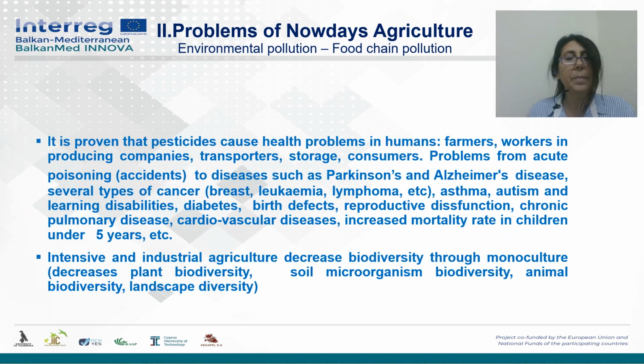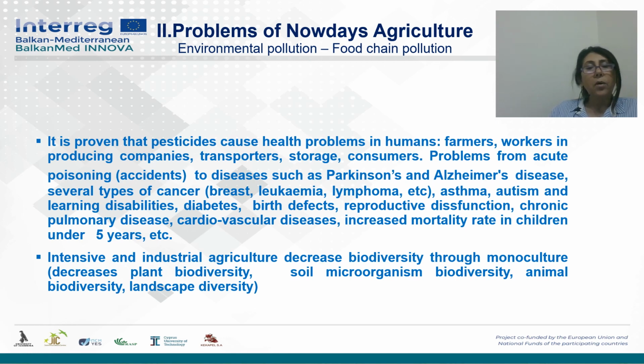It is proven that pesticides cause health problems directly in humans. Farmers especially are a very high-risk group, as are workers in producing companies, transporters of pesticides, and storage workers, as we saw in the previous picture. Then through the food, it goes to the consumers.